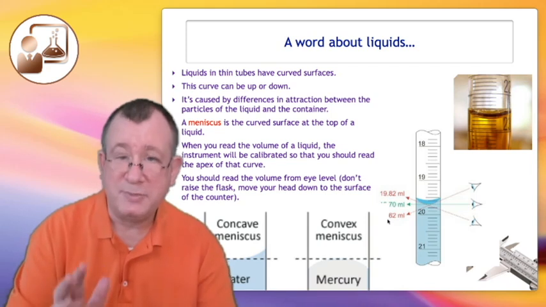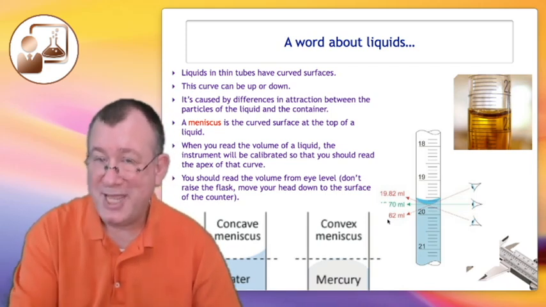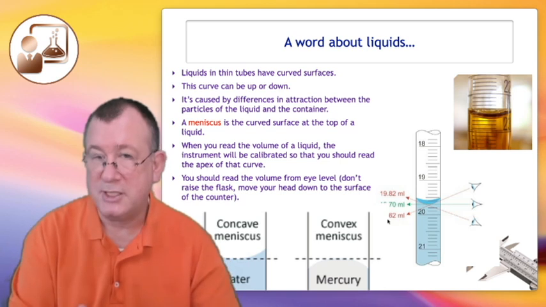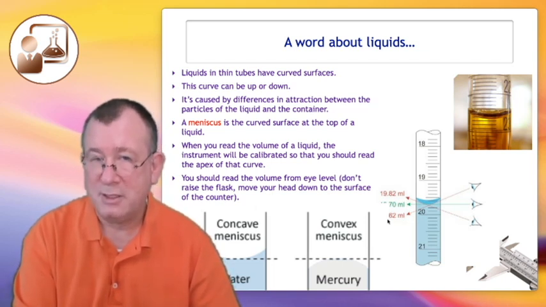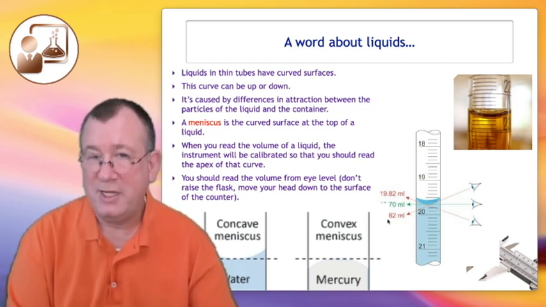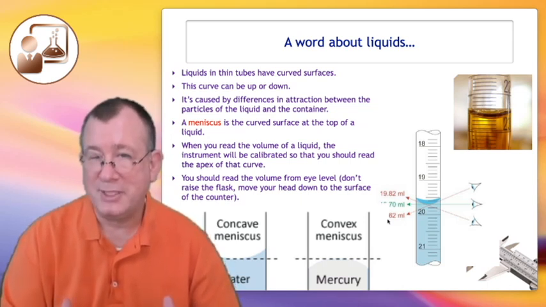I'll warn you, there are some substances where the meniscus of the top isn't concave. In other words, the edges are higher than the center. Sometimes it's convex, where the center is higher than the edges. In either case, read the center of the meniscus, the bottom of the cavity, or the top of the convex form on the top of that solution.